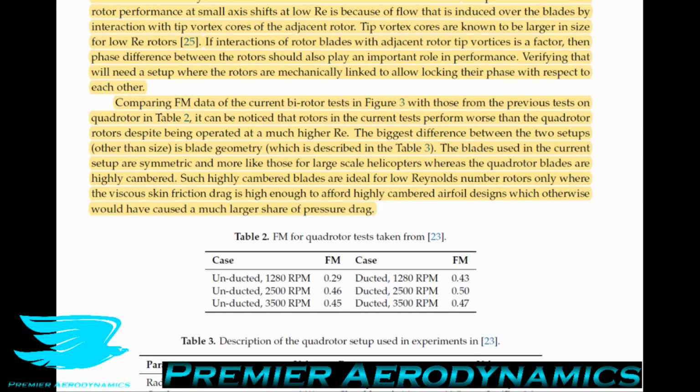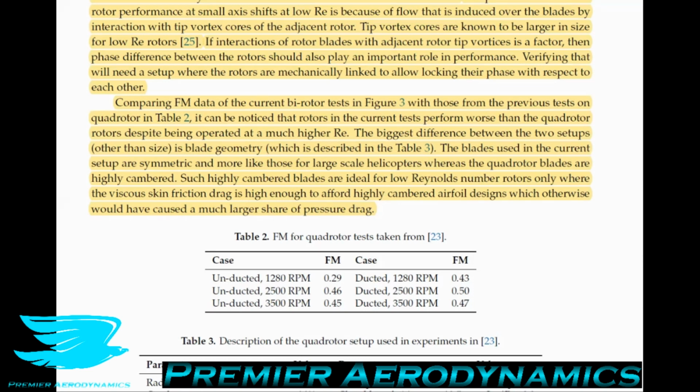The blades used in the current setup are symmetric and more like those for large-scale helicopters, whereas the quad rotor blades are highly cambered. Such highly cambered blades are ideal for low Reynolds number rotors only, where the viscous skin friction drag is high enough to afford highly cambered airfoil designs, which otherwise would have caused a much larger share of pressure drag. So that's interesting.